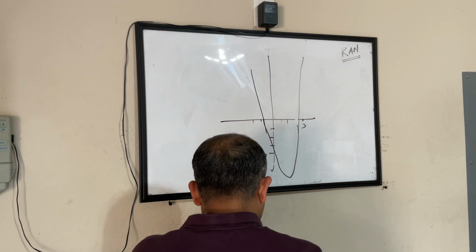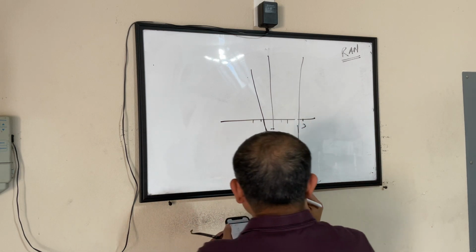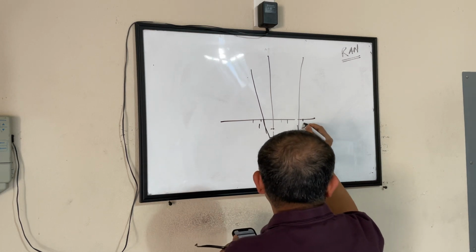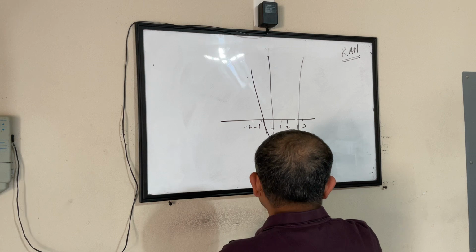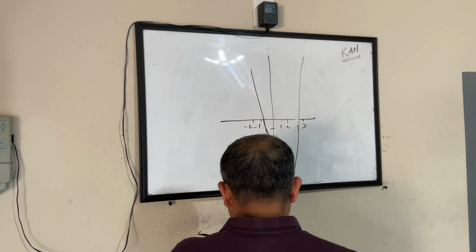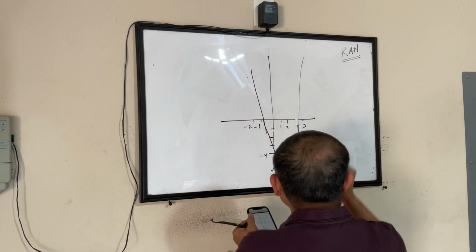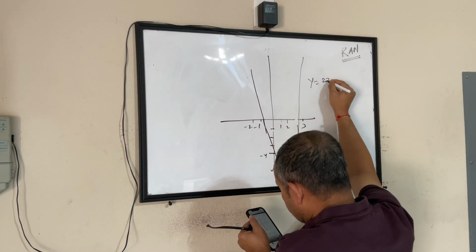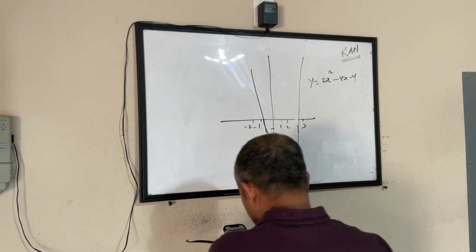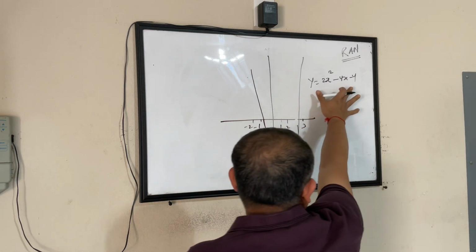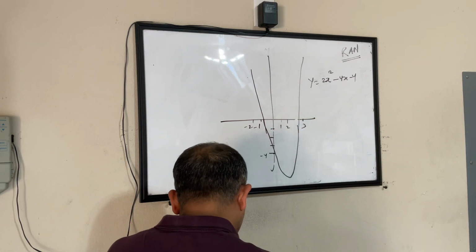So this is 1, this is 3, this is minus 1, minus 2, and this is minus 4. This is the point where it is intersecting this one. So it says the graph of y equal to 2x squared minus 4x minus 4 is shown in the xy plane. So this is the equation, and this is shown here in the xy plane.